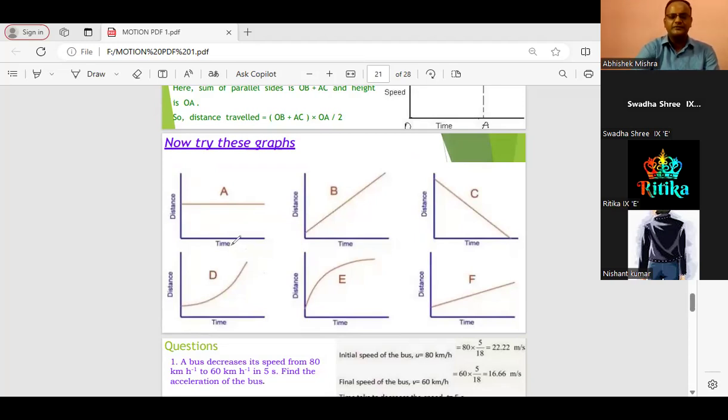You can take a screenshot of this graph and take a pic of this, and you will depict what the nature of this graph is, and what type of motion it is indicating.